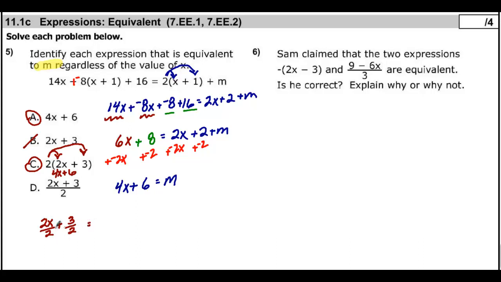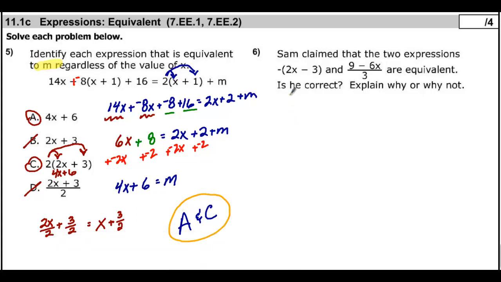Well, 2x divided by 2 is just x. We already know it's not going to work. 3 can't be divided evenly by 2, so we leave it as x plus 3 halves, and that doesn't work. So our answers, A and C.